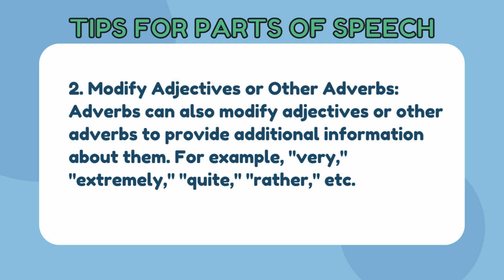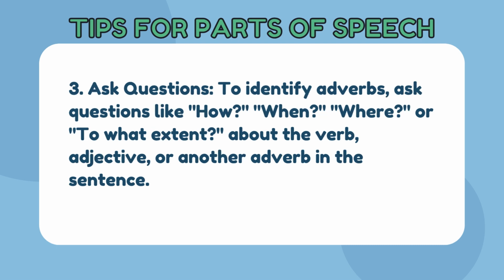Then sometimes they can modify adjectives or other adverbs too. For example, very, extremely, quite, rather. So, like how, when, where, or to what extent, about the verb, adjective, or another adverb in the sentence. So, try to ask these questions.